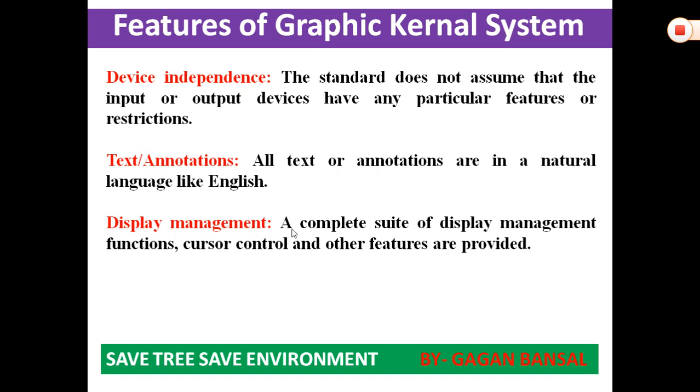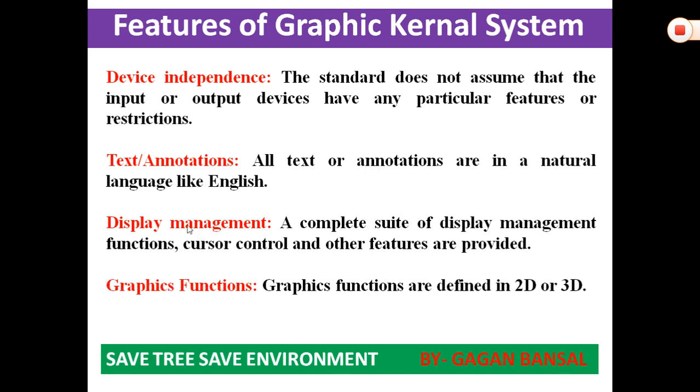Display management: a complete suite of display management functions, cursor control and other features are provided by the graphic kernel system, as it directly relates software with the hardware. So it manages various things: memory management, display management, and finally the graphics functions are defined in 2D or 3D using the graphic kernel system.